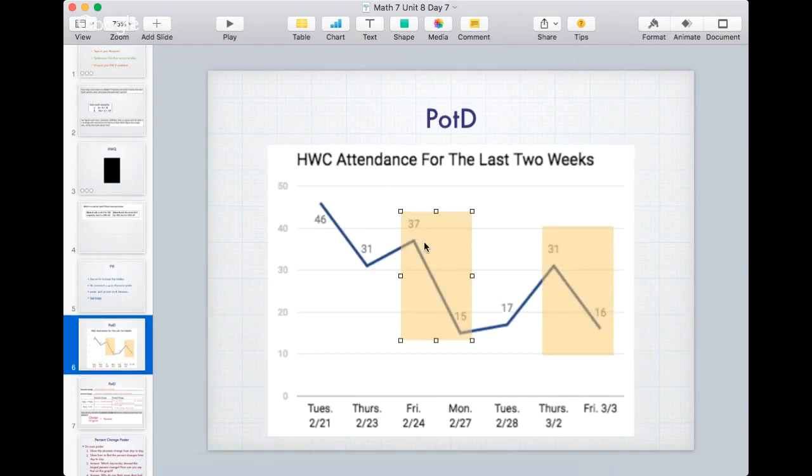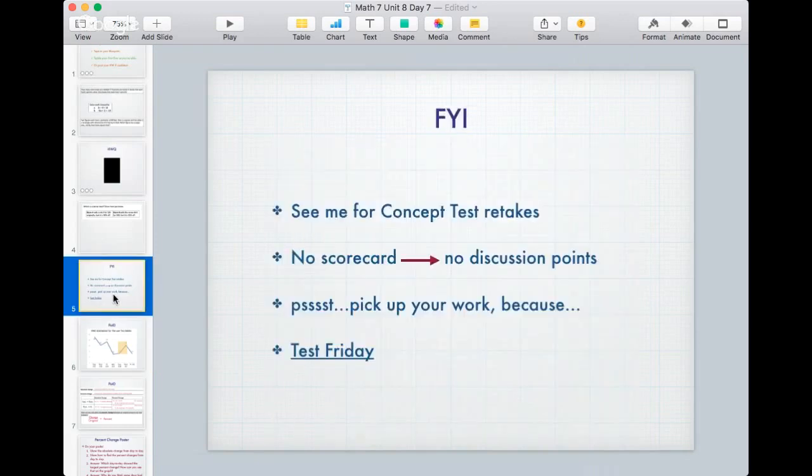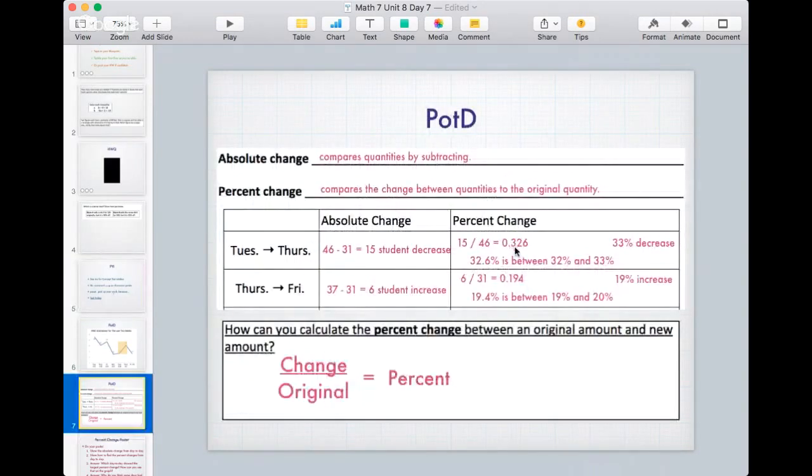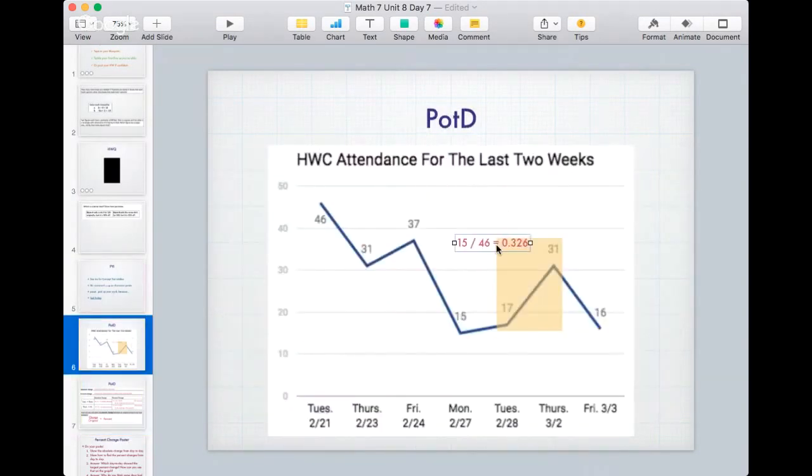We ended up finding that, in fact, the largest percent change was not from 37 to 15 and was not from 31 to 16, but was actually from 17 up to 31 because our original was so small. We had 31 minus 17, which was 14 students increasing.